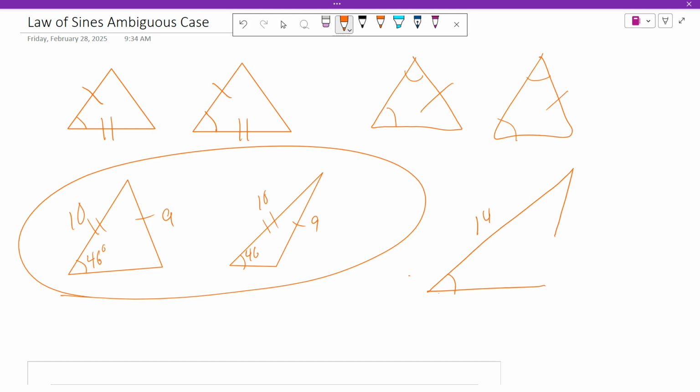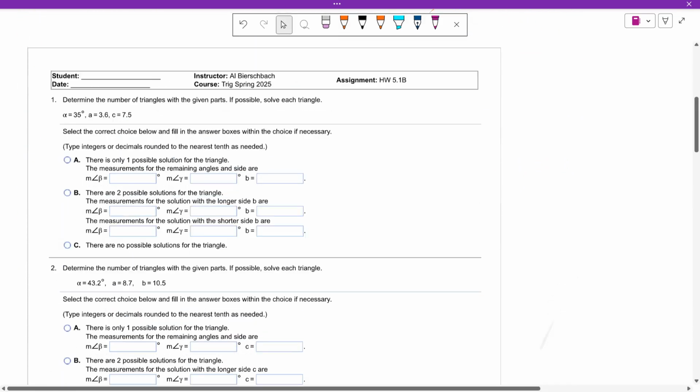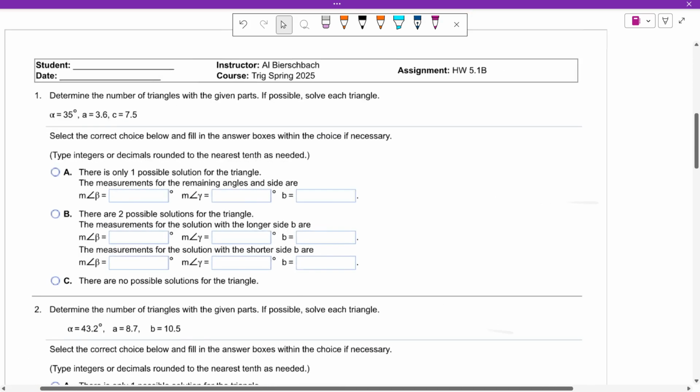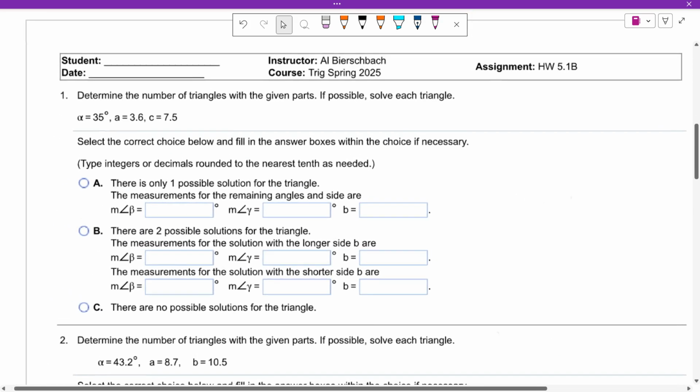If this is like 14 and this is like 6 and this is like 50 degrees, what happens is this is just dangling down here and it's never going to touch that. So if you got a dangle and it doesn't touch, then you have no triangle, because a dangle doesn't make a triangle.